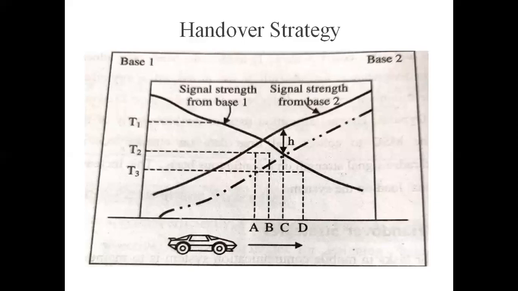which may cause random fluctuation of relative signal strength, and hence causes repeated unnecessary handovers between two base stations. This type of effect you can term the ping pong effect, where the signal strength keeps jumping from base station 1 to base station 2, and then from base station 2 back to base station 1.